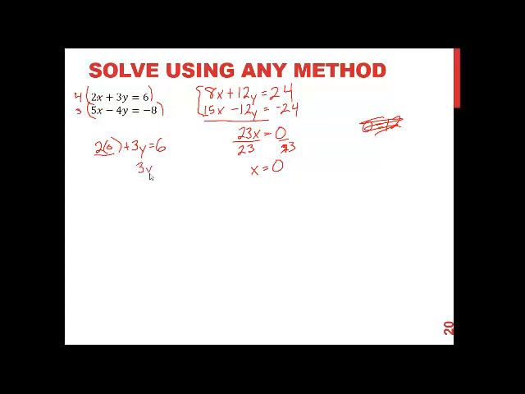So we have 3y equals 6. Divide by 3. And y equals 2. So we have the point (0, 2). We can quickly plug that into the second equation. 5 times 0 minus 4 times 2. And that is indeed negative 8.